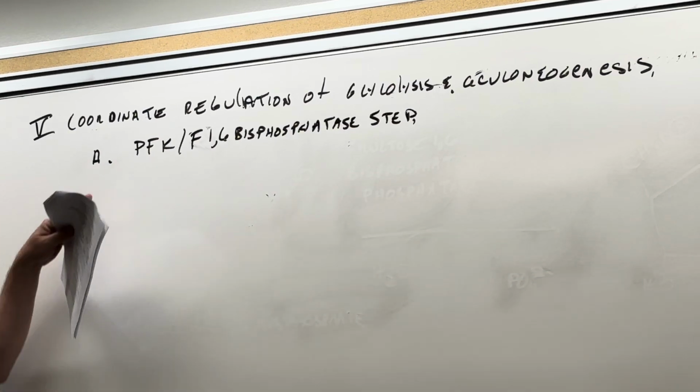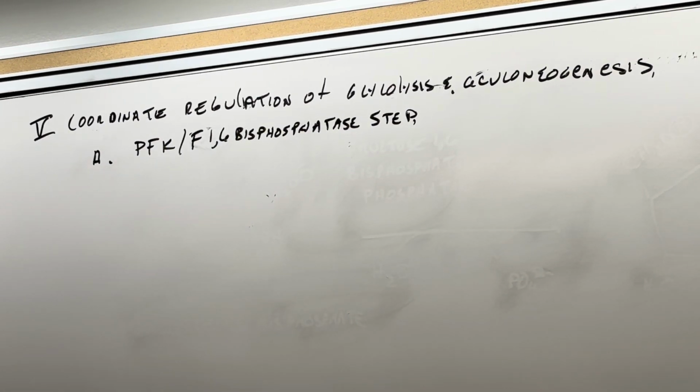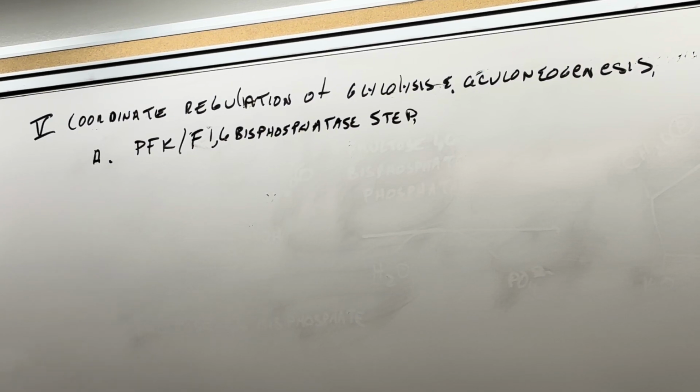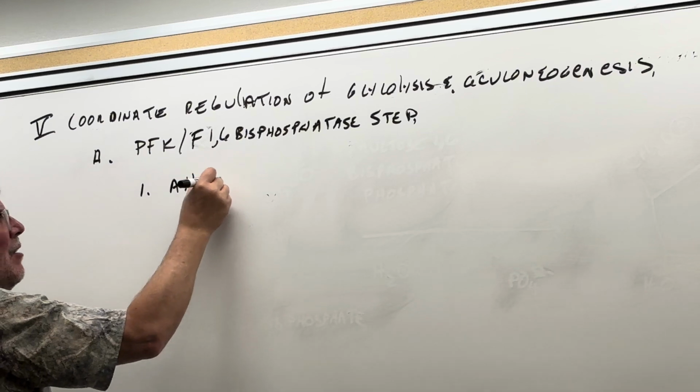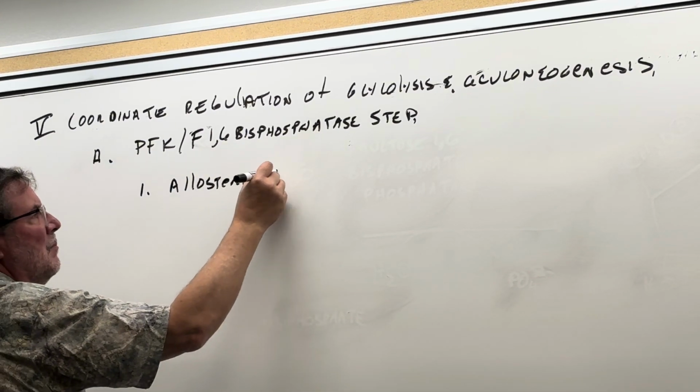How do we make sure that when PFK is on, the bisphosphatase is off and vice versa? And we'll start by talking about allosteric regulation.